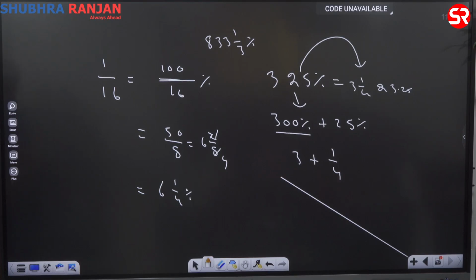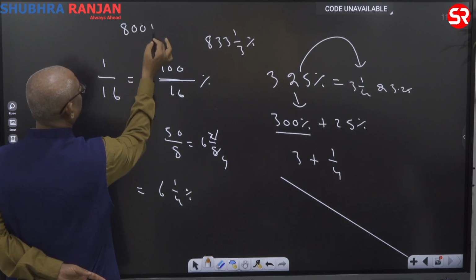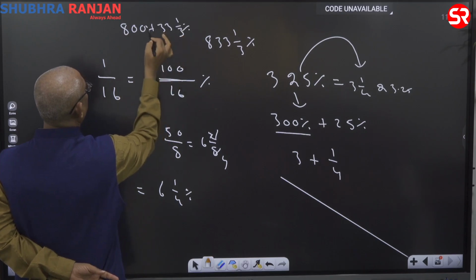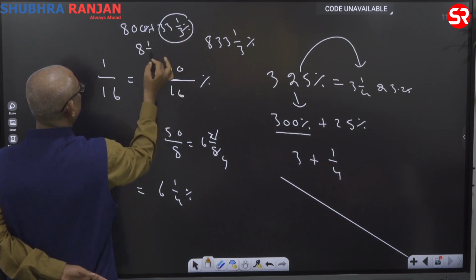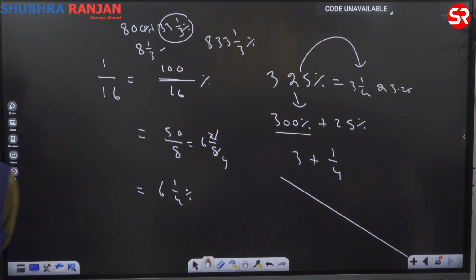So that can be written as 800 plus 33 1/3%. So 100% is 1, 800 means 8. 33 1/3% is nothing but 1/3. So answer is 8 1/3. Got it now? Any doubts?